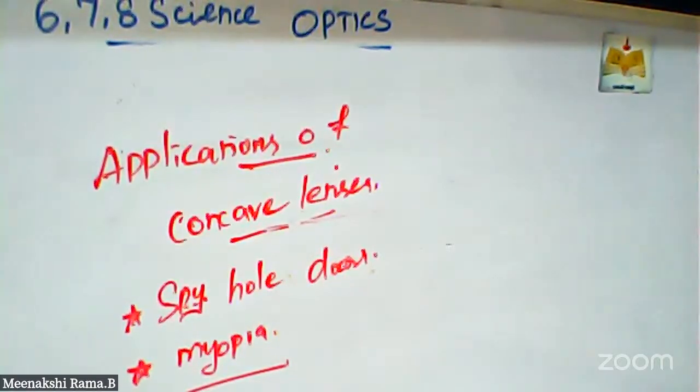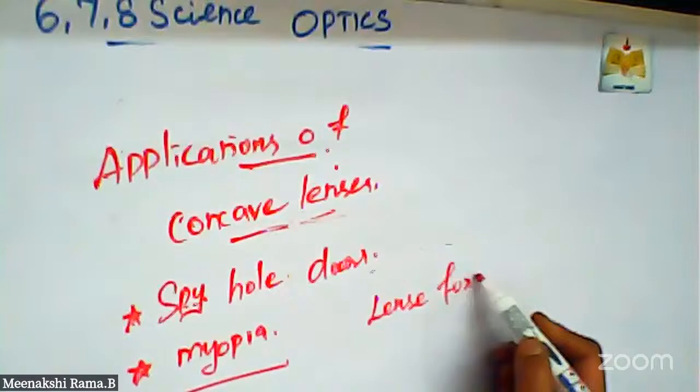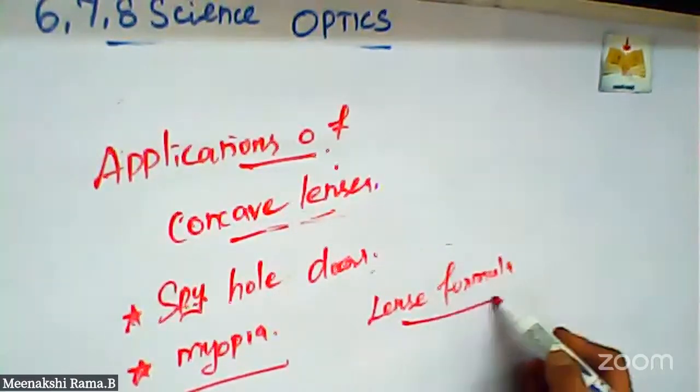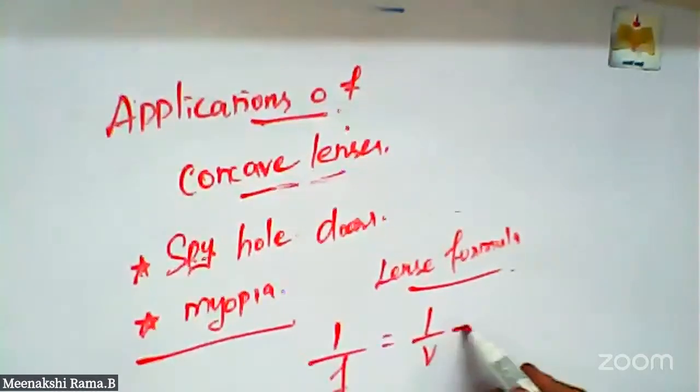What is the lens formula? The lens formula is 1/f = 1/v - 1/u, where f is the focal length. So this is the important formula of lens. Okay.